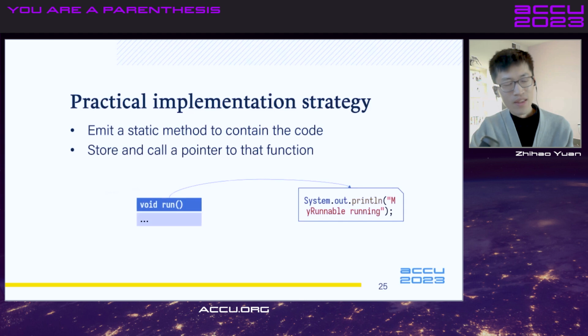And then we store and call a pointer to that function directly. So imagine that you get rid of the vptr, but replace it with the function pointer that would be stored in that vtable.